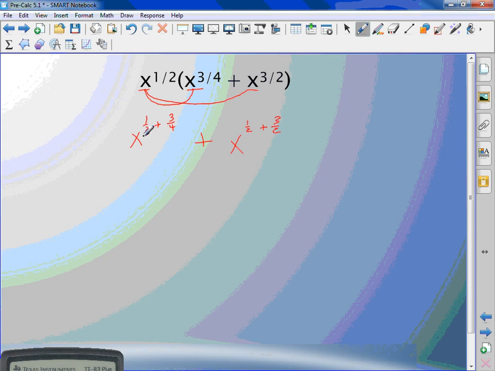All right, I need a common denominator. This would be a 4, which makes this a 2. 2/4 plus 3/4 is 5/4, plus, let's see, 1/2 plus 3/2 is 4/2, which means 2. That's your answer simplified.